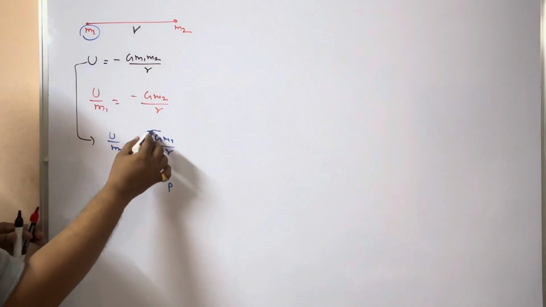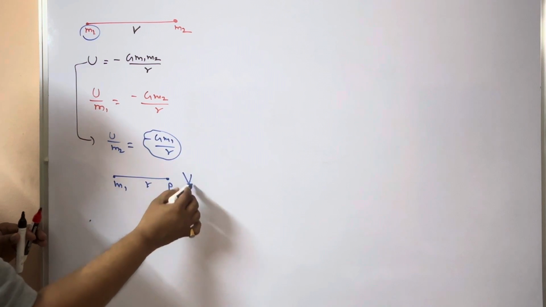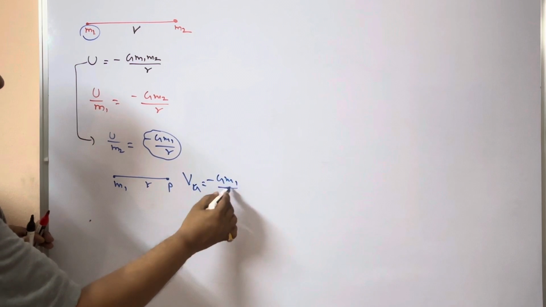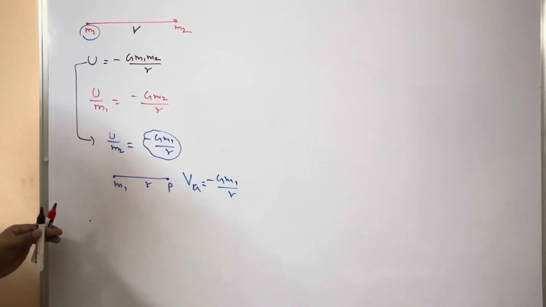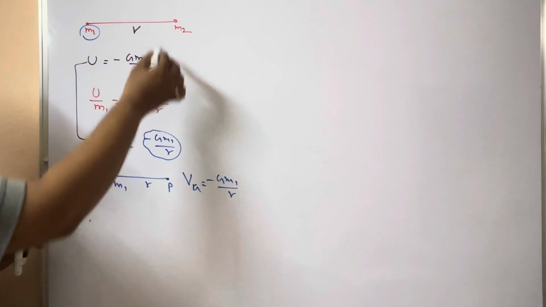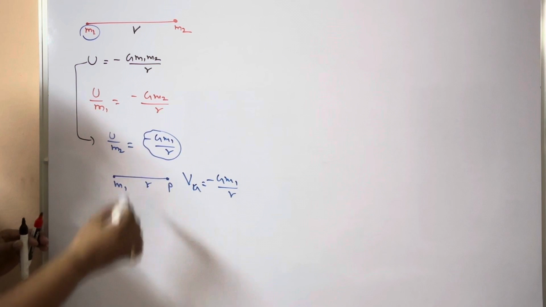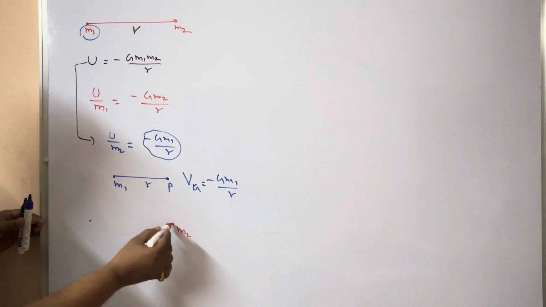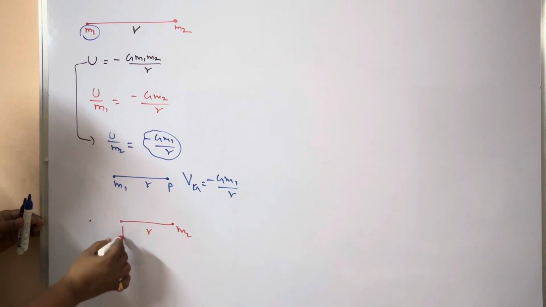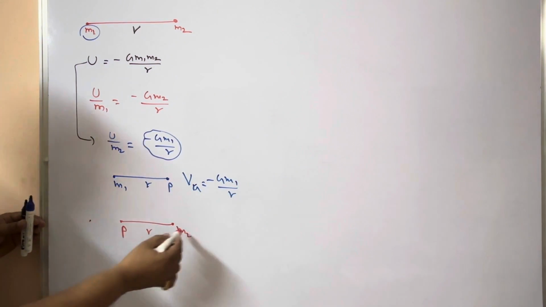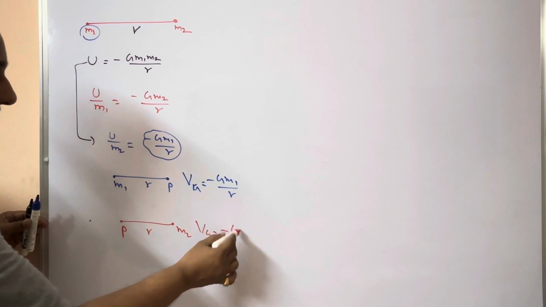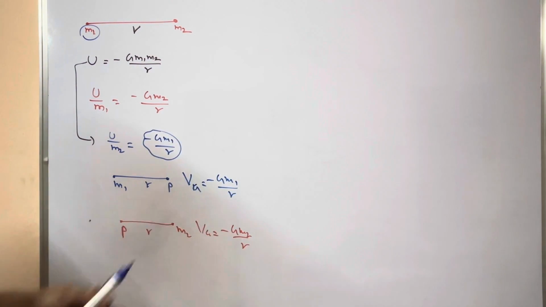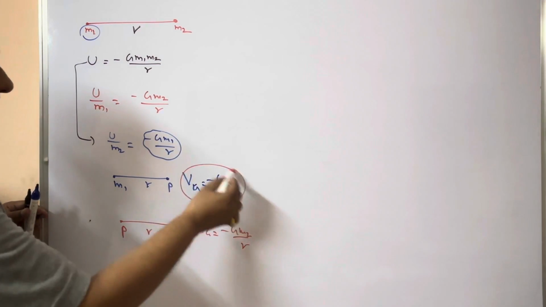The gravitational potential Vg is equal to minus G m1 by r, the amount of work done to bring m2 up to r. Otherwise, if you are taking m2 at a distance r at this point P, the gravitational potential is minus G m2 by r. So this is the equation for gravitational potential.